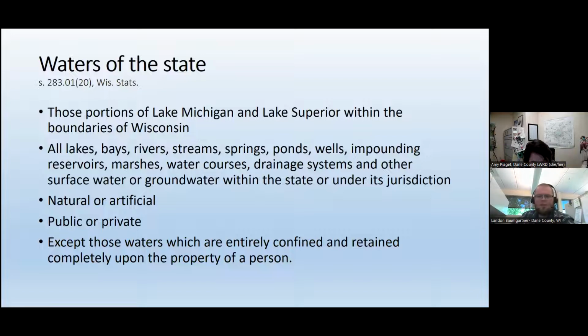Amy, it sounds like from your examples, you had some experience with actually having navigability determinations done. What has been your experience? The way we're operating currently, and we haven't made any changes there that I'm aware of, is if we have a project that has an intermittent stream or a stream identified on the surface water data viewer, we usually provide information regarding our proposed project to DNR, to our water quality management specialist, our water reg and zoning specialist.